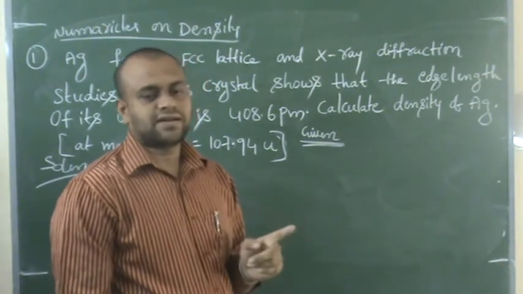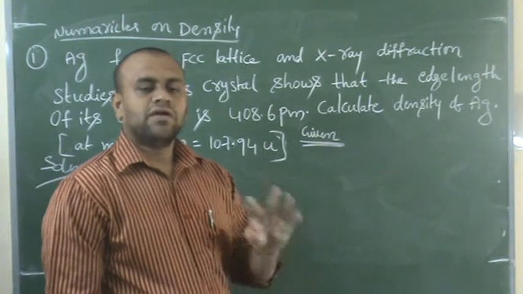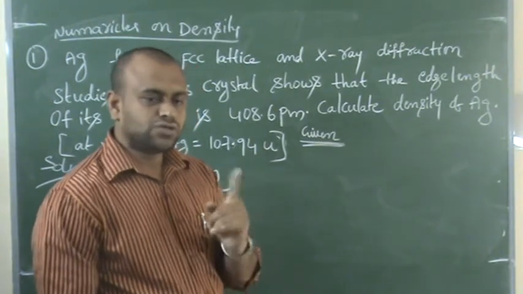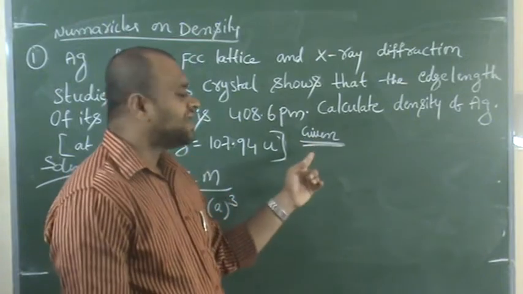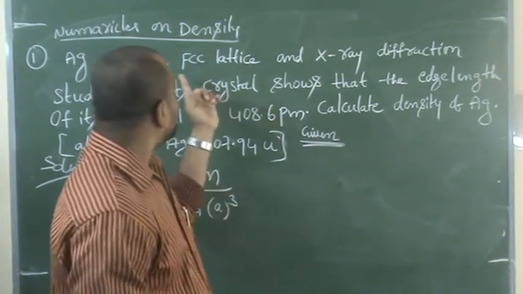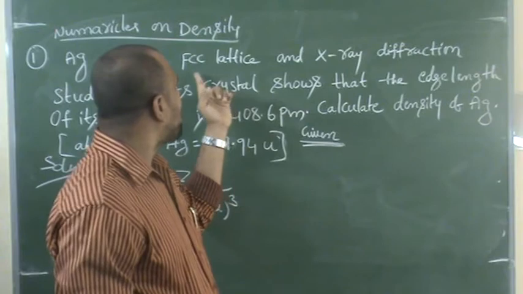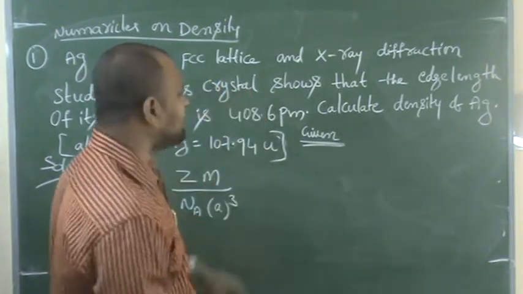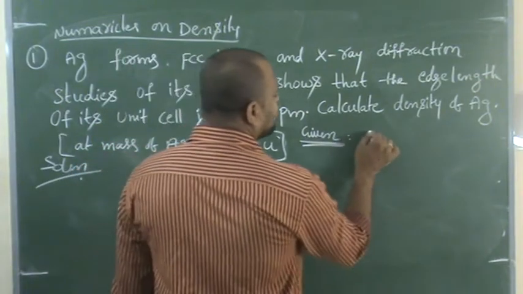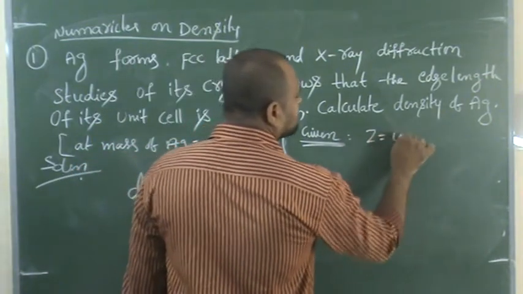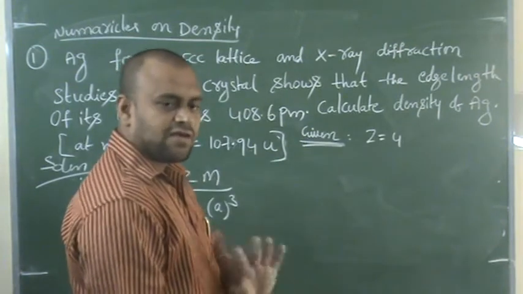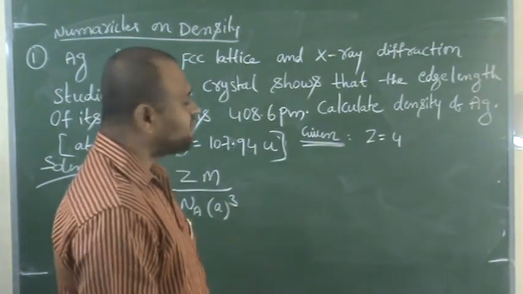We calculated: primitive 1, face centered 4, BCC 2. You should remember all these things. Therefore Z is equal to 4, because the number of particles in FCC is 4.